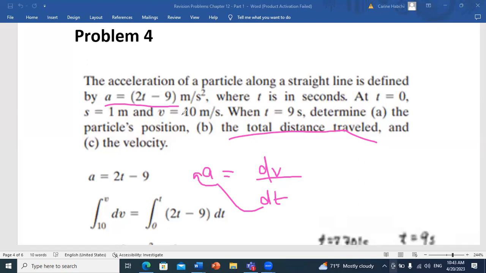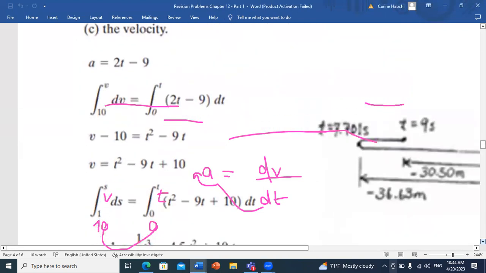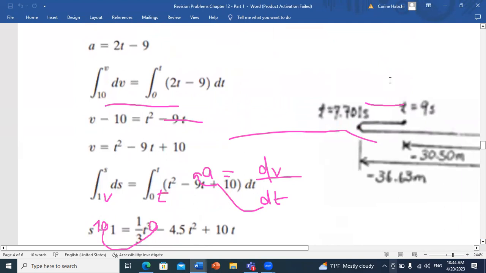So we know that at t equal 0, V equal 10. So we'll integrate time from 0 to t, and we'll integrate velocity from 10 to v. And then we can get the equation of v as a function of time. Okay, so this is v as a function of time.